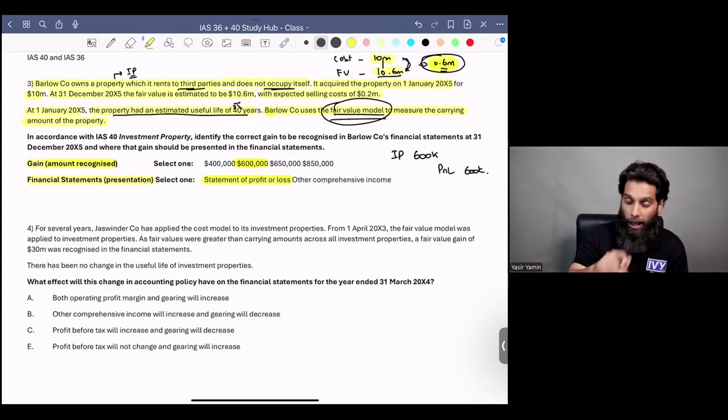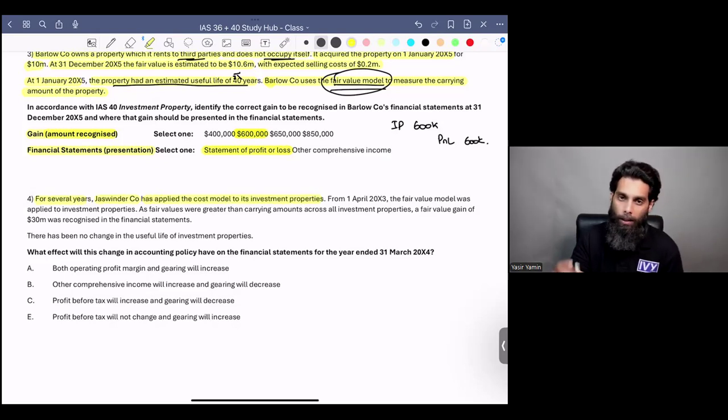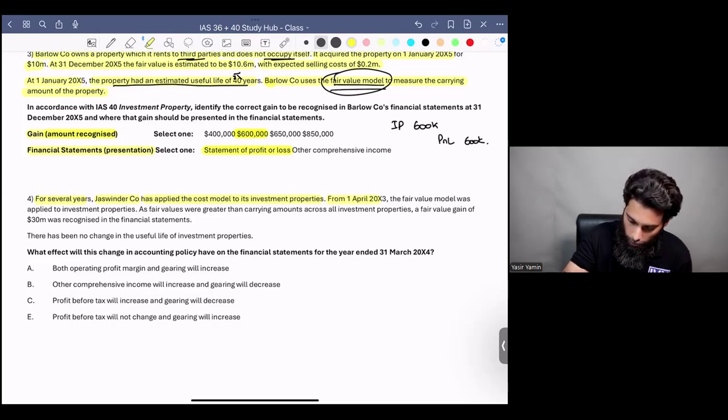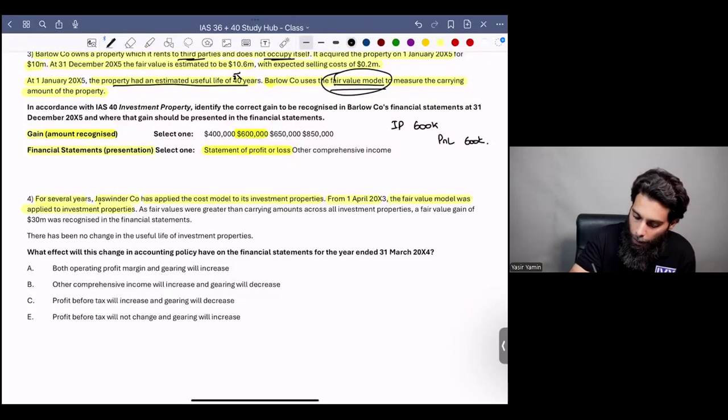And next one will challenge you, by the way. For several years, Jaswinder Company has applied the cost model to its investment properties. From 1st April 2023, the fair value model was applied to investment properties. So historically, Jaswinder Company had been applying cost model to their investment properties.